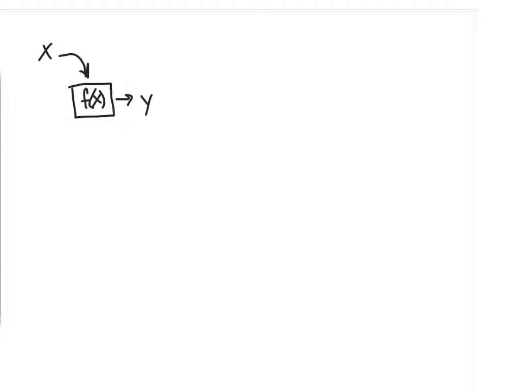Input, output. Well, what they're telling us is that if we're dealing with g of f of x, that literally means we take our g of x function and we plug in the f of x function. And so if we're evaluating these, you have to evaluate f of x first.